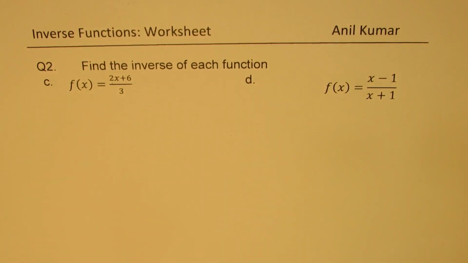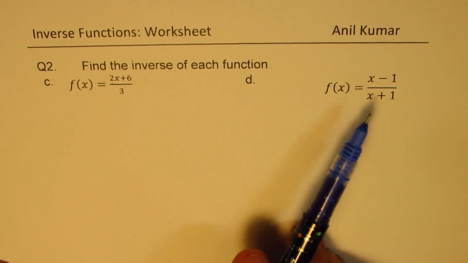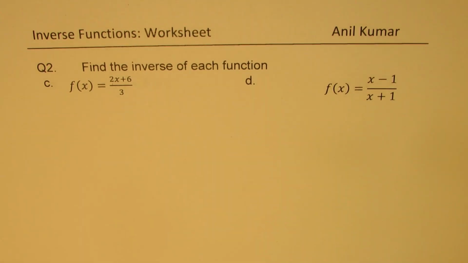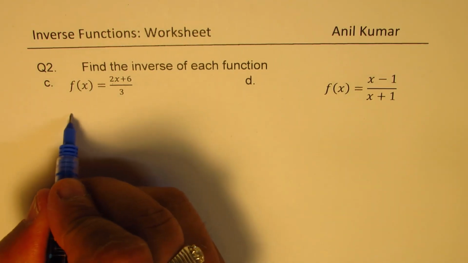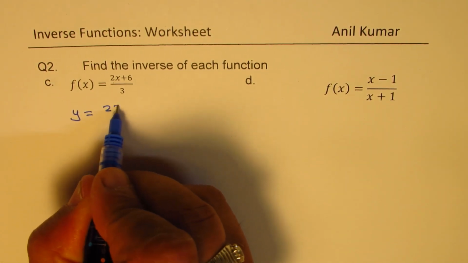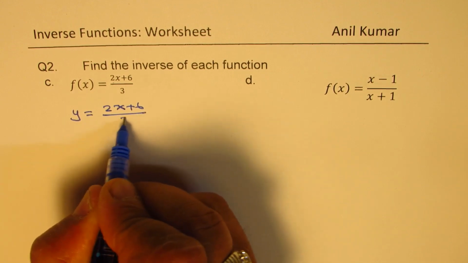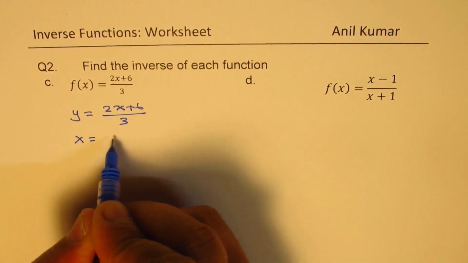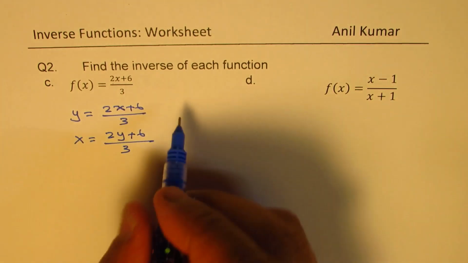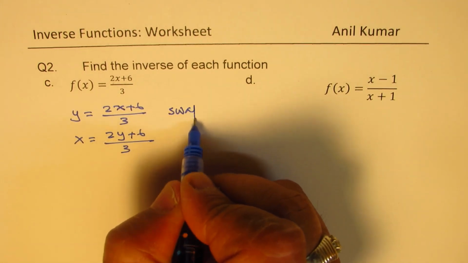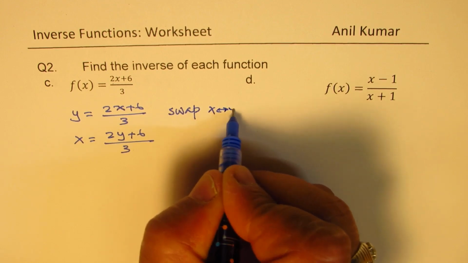Question number 2C. You can actually pause the video and answer these questions. The first one here is a linear function, and then we have a rational function. Now let us see how to find the inverse. So here we'll swap. We get y equals 2x plus 6 over 3. So when you swap, you get x equals 2y plus 6 over 3. So we have swapped x and y.